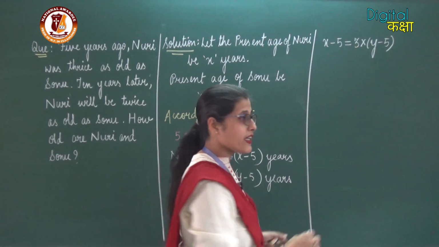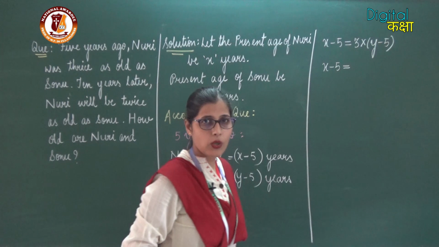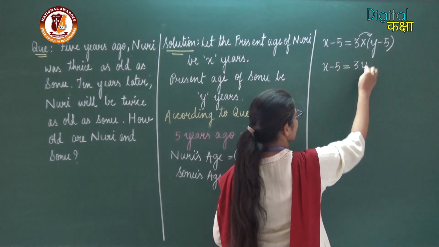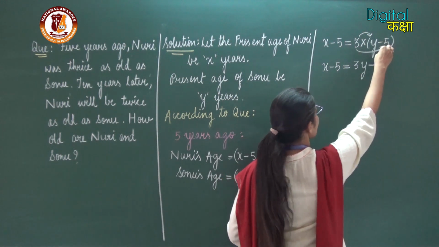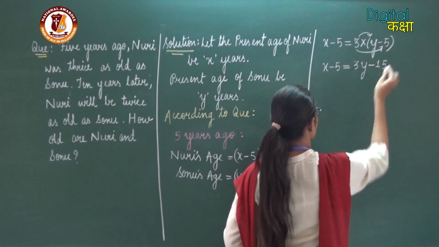We will be simplifying it further. Therefore, x minus 5 equals 3 multiplied by y, it will be 3y, minus 3 multiplied by 5, that will be 15.